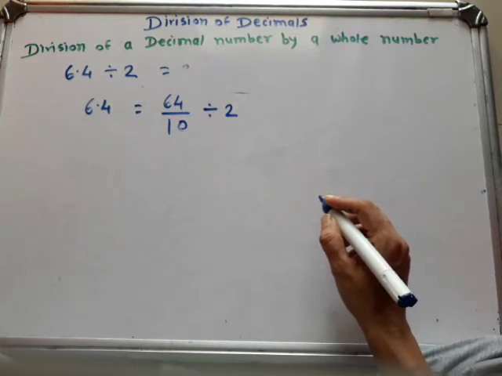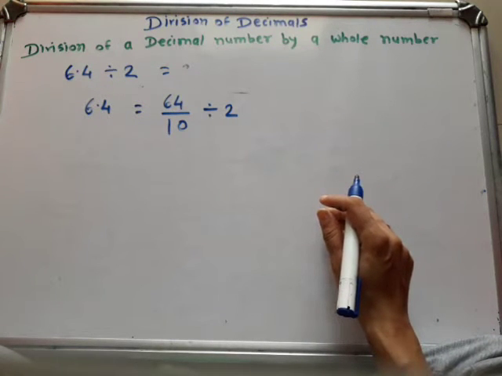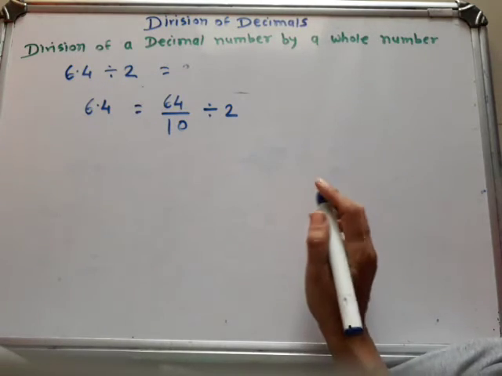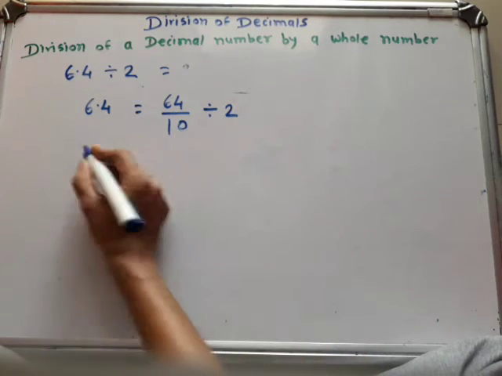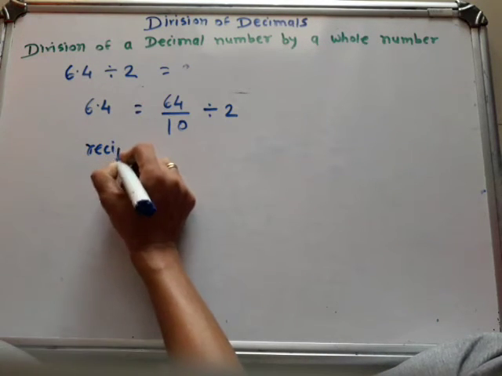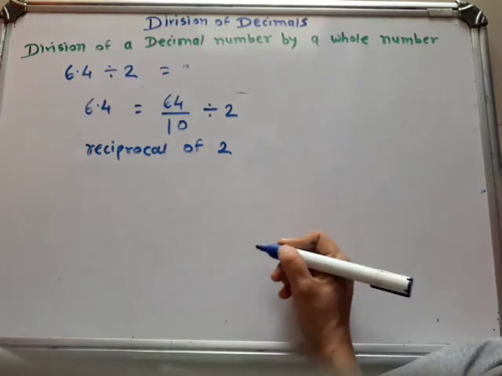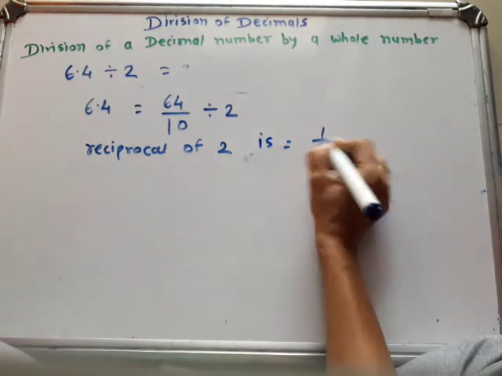Now you know how to solve the division of fractions. As you learned in fractions, here we take the reciprocal of 2. What is the reciprocal of 2? Reciprocal of 2 is 1 by 2.